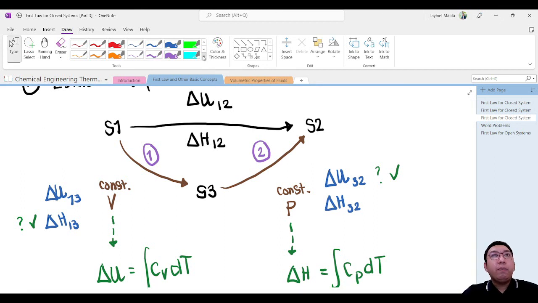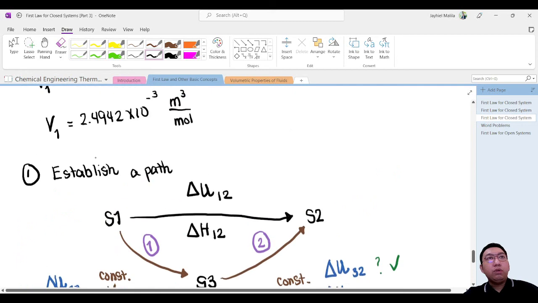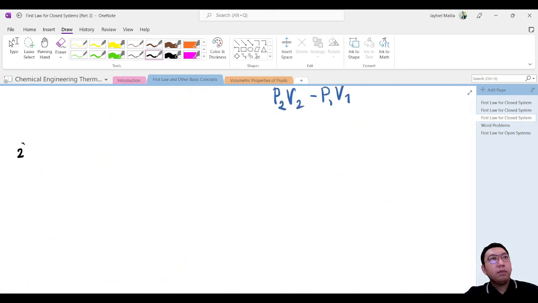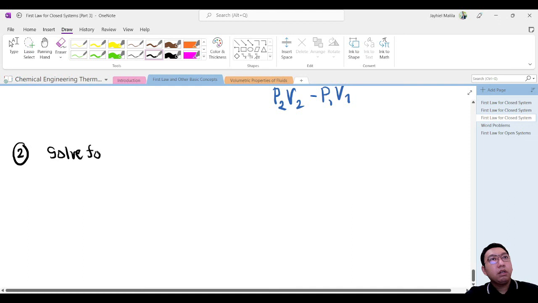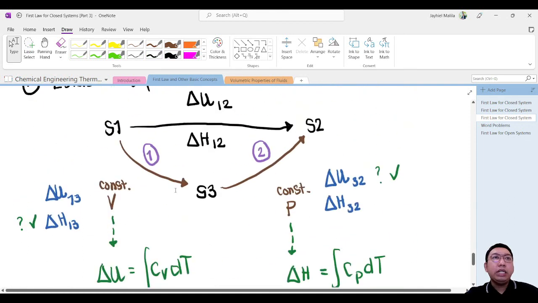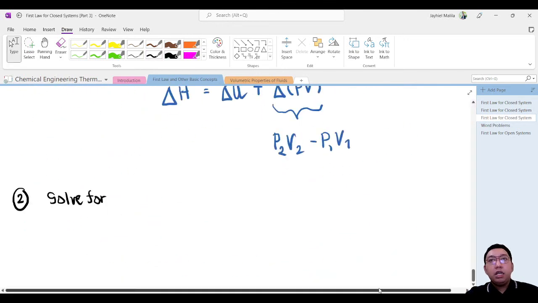So now, for path 1, we solve for delta U13 and delta H13.